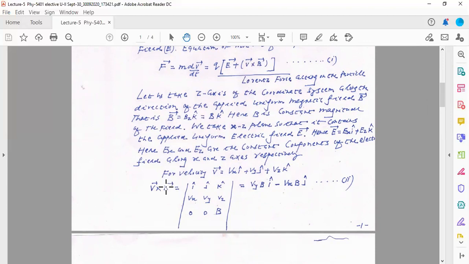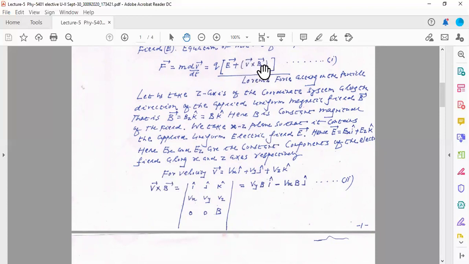Since Vz is equal to B, I wrote the determinant of V cross B as i, j, k; Vx, Vy, Vz; 0, 0, B, because the x component is 0, the y component is 0, and the z component is B. So V cross B is simply Vy B in the direction of unit vector i minus Vx B in the direction of unit vector j. This is the vector product which we calculated.